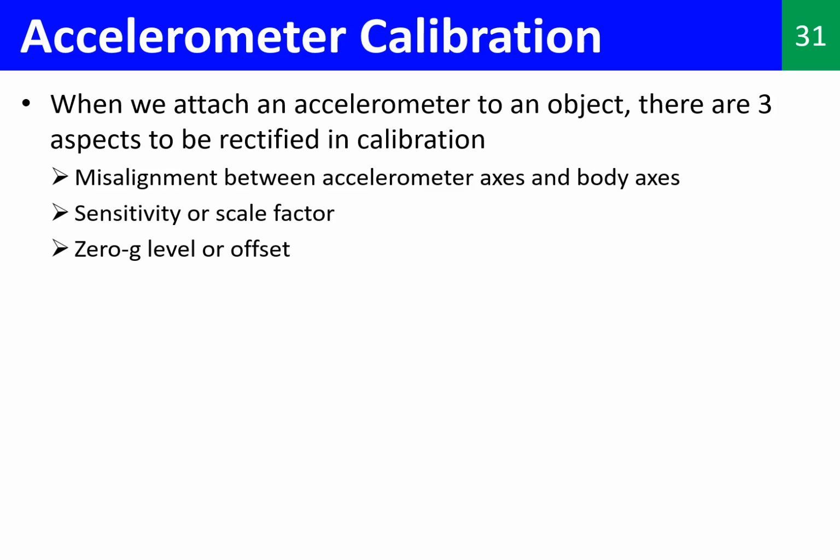Let's say we take the sensor reading and remove the X offset, and we remove the Y offset, and we remove the Z offset.